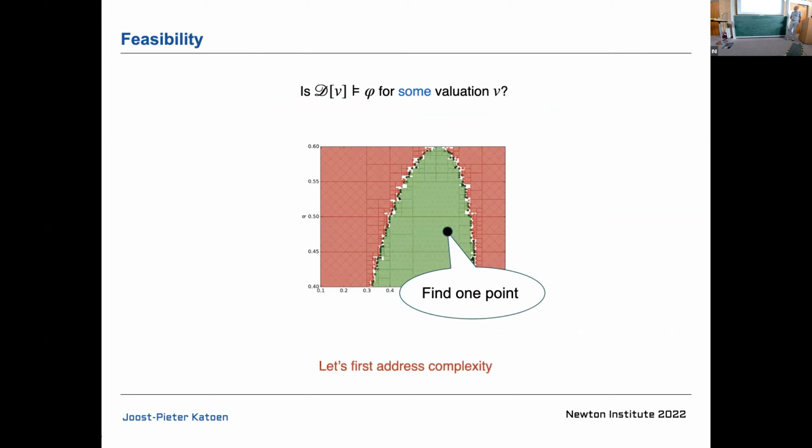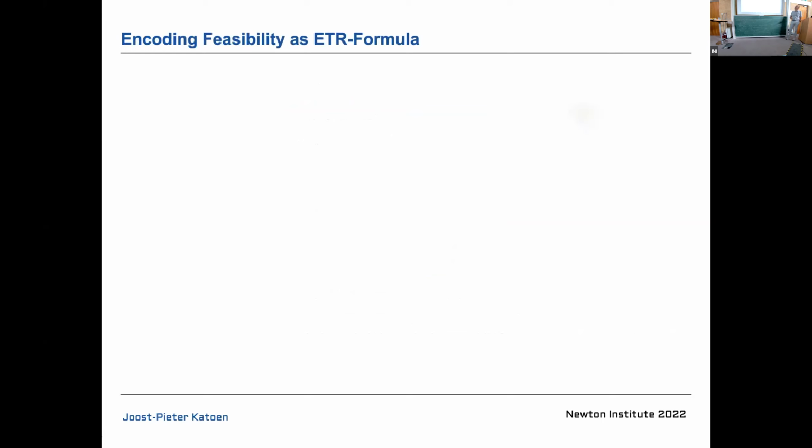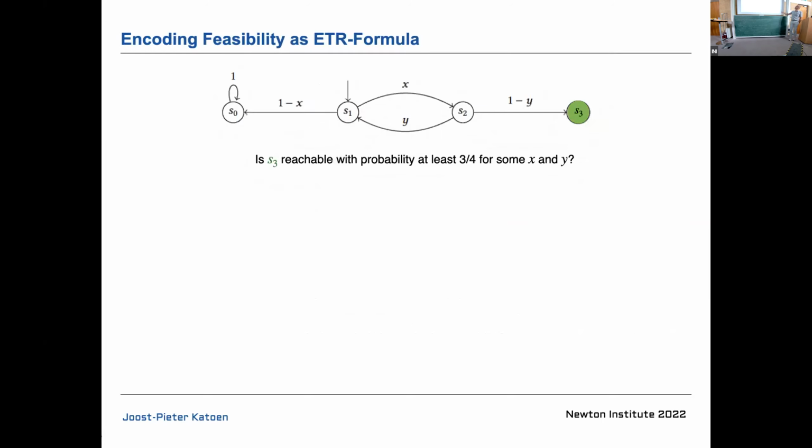Good. So let me address this, and let me first address the complexity. I go back to the same example as before, but now you see that my probabilities are x and y, and 1 minus y and 1 minus x. But exactly the same question: I want to reach the green state with probability at least 3/4. So we're going to do the same. I'm going to assign variables to states.